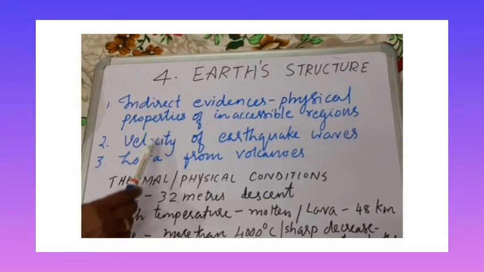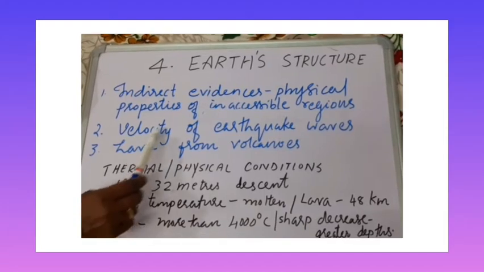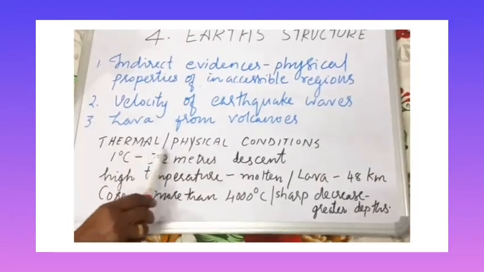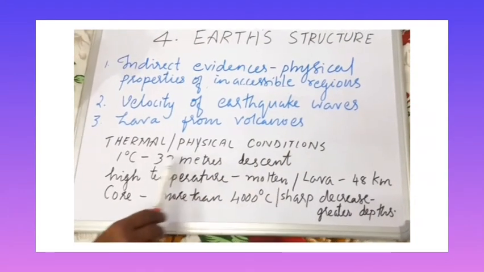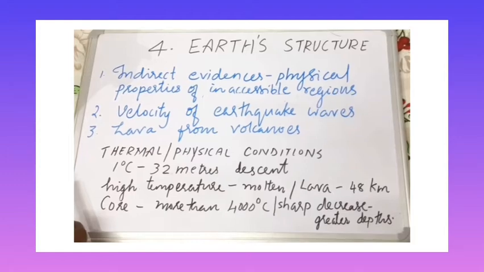With the help of these three factors, we can know about the interior of the Earth. The thermal and physical conditions inside the Earth also help us to know the structure and composition of the Earth.